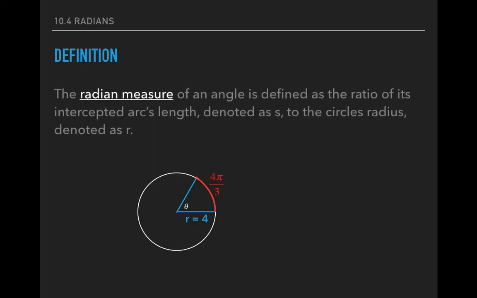So what is radian measure? That's what this lesson is all about. What does it really mean? Radian measure is defined as the ratio of the arc length, which is S, to the radius, which is R. And the formula looks like this. Radian measure, theta, is S, that arc length, divided by R. And guys, when we're working with radians, it's just a different unit than degrees.